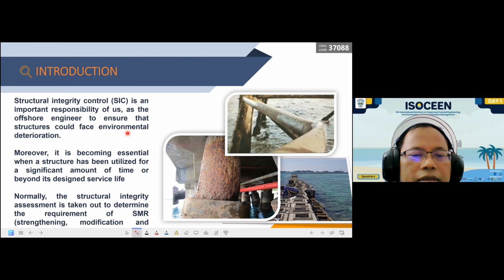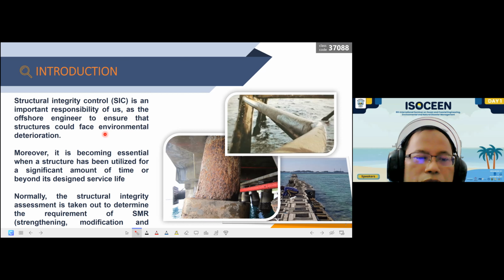Many other damaged structures are found in the marine area every year.